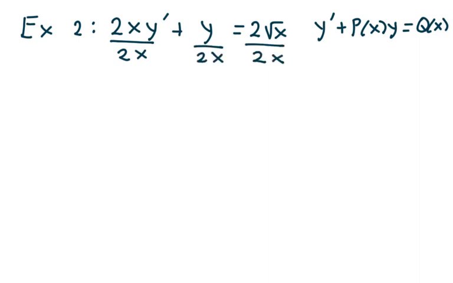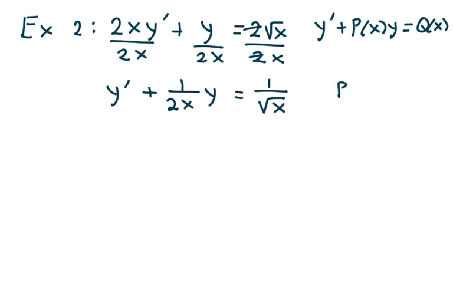Like this. And so y', I'm going to write it in this way. So I get y' + (1/(2x))y is equal to, the 2's cancel, and we get 1 over the square root of x.